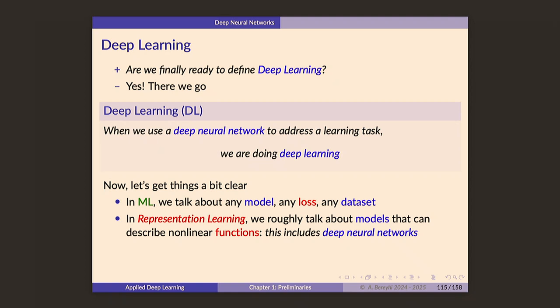So starting from a general realization, when we just saw the XOR example, we said, oh, we need something nonlinear, so we need to find out how we can represent a nonlinear function, right? And then we need to focus on types of models which are able to describe nonlinear models, okay? So when you are doing that, then you are basically doing representation learning, okay?